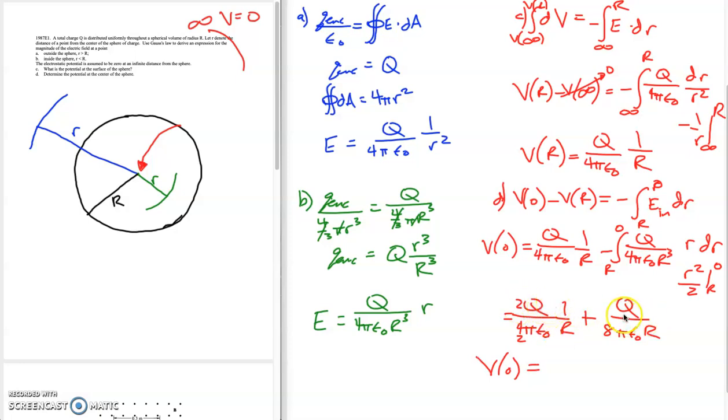So 2Q plus Q is going to be a 3Q. So that'll be 3Q over 8 pi epsilon naught R. Also, if you're curious, this R squared here, so big R squared, and then we have an R cubed there, and they cancel out and we're left with just this R down here. That's where that came from. And this will get us the potential at the very center of the sphere.